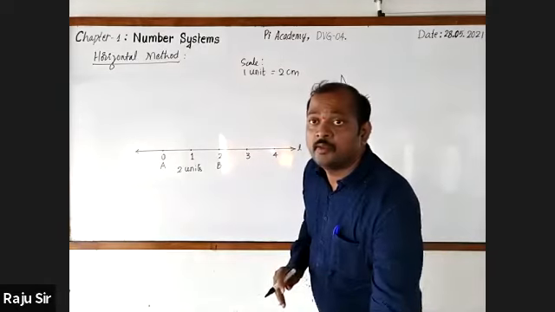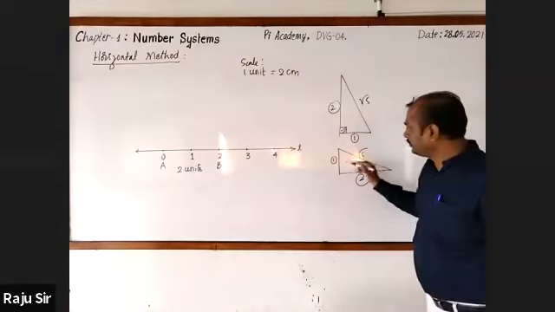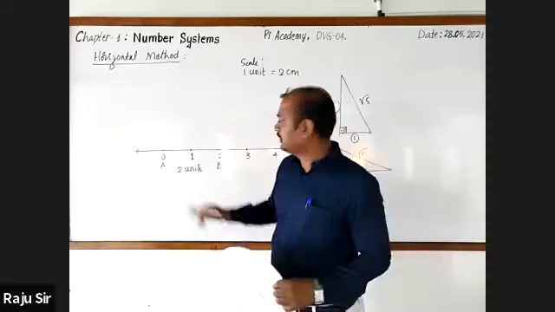Then, to get root 5, what should be the other side? 1 unit. Mark 1 unit on the perpendicular line at B.